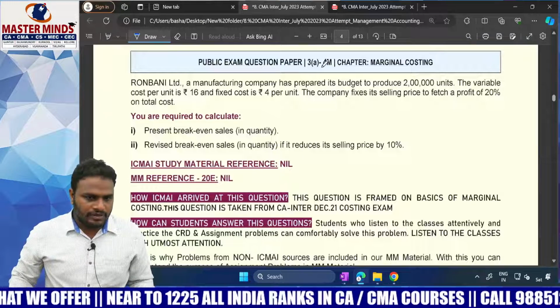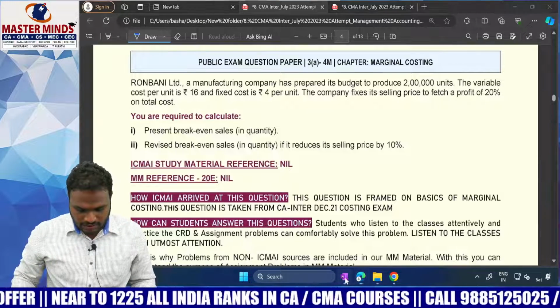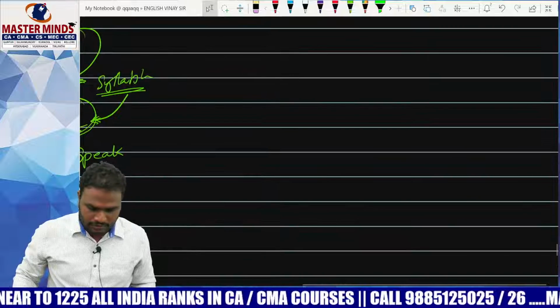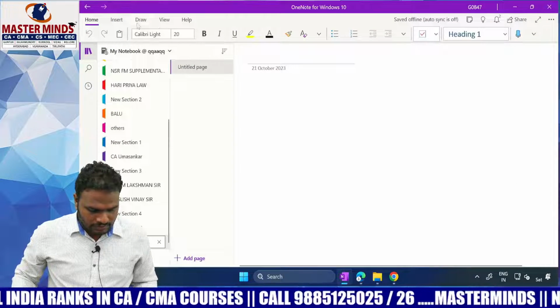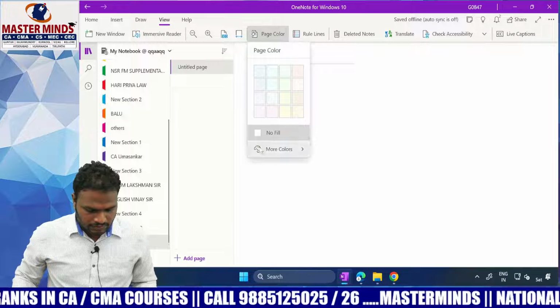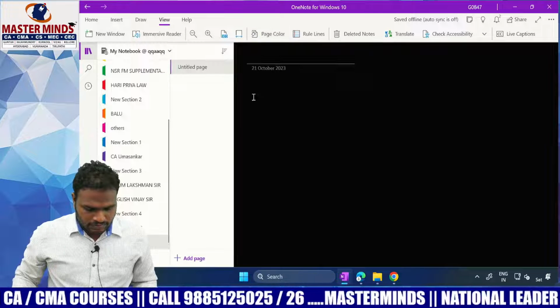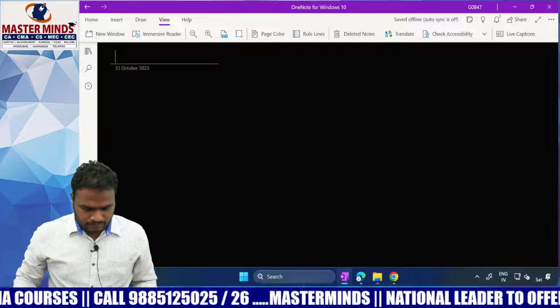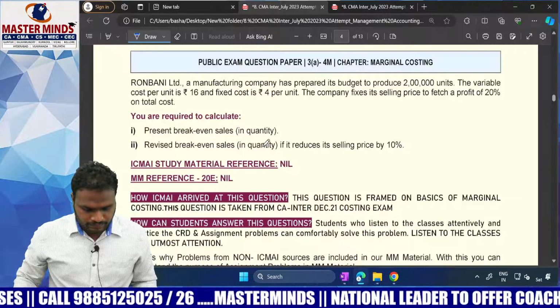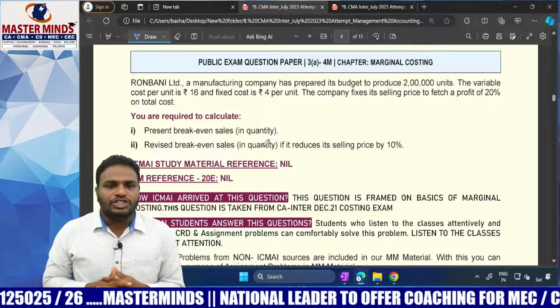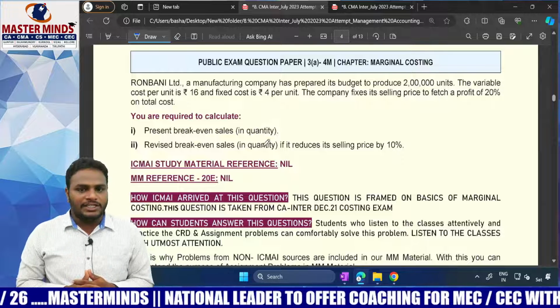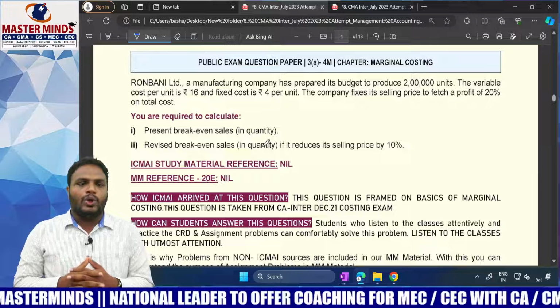Next, 3A. Ronbani Limited, a manufacturing company, has prepared its budget to produce 2 lakh units.